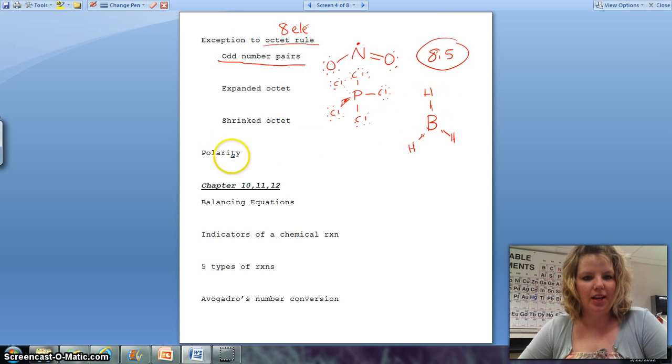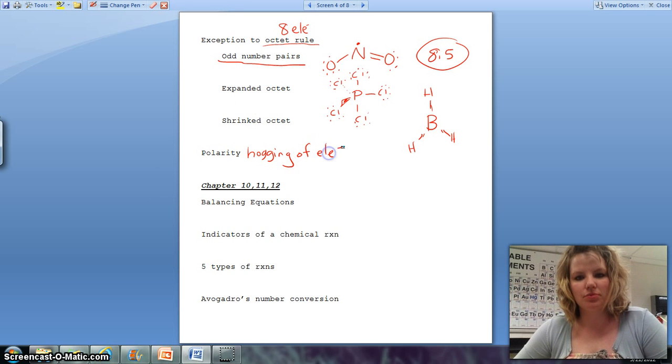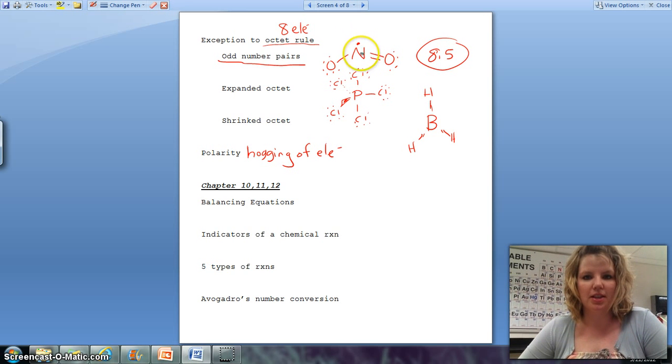So polarity is what I like to call the hogging of electrons. When you look at something, you see if there's one side that's hogging electrons. In this case, I would say that this nitrogen is going to be polar because it has this weird electron, or if there's a double bond up here, it's going to be pulling electrons. This one, on the other hand, shares pretty evenly, so this would be nonpolar.